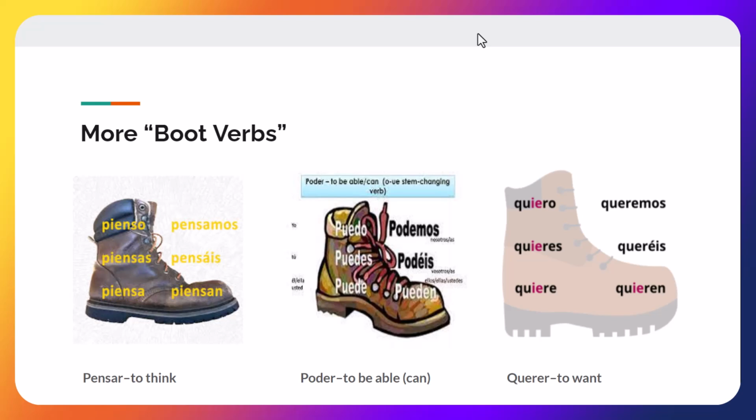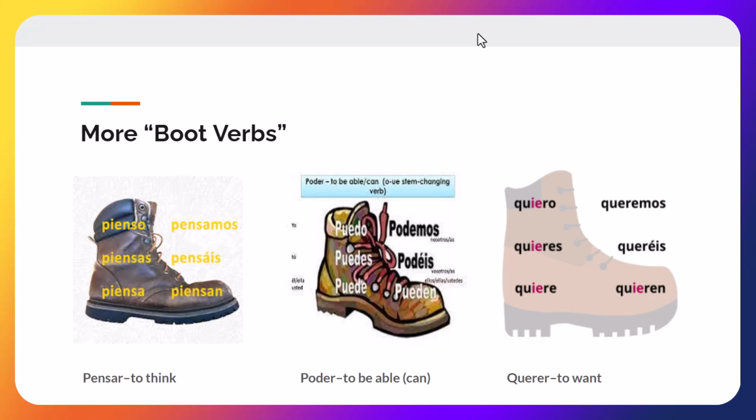P-O-D-E-R, poder. Now that's an ER verb, but it's also stem changing. There's an O in the stem, and it's going to change to a UE. So I can is not podo, but puedo. You can, the tú form, is puedes, etc. Let's conjugate that together.